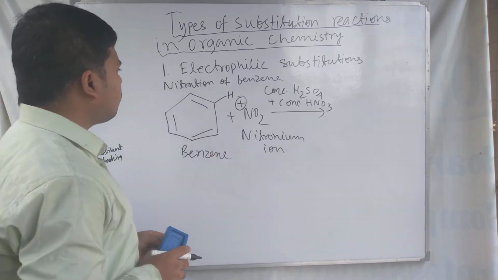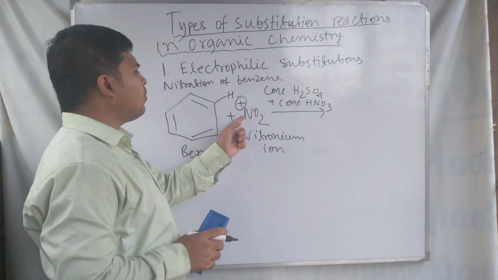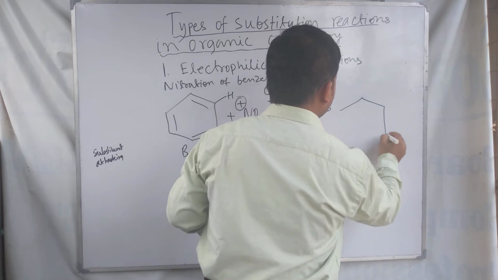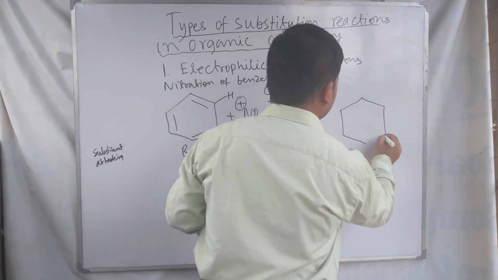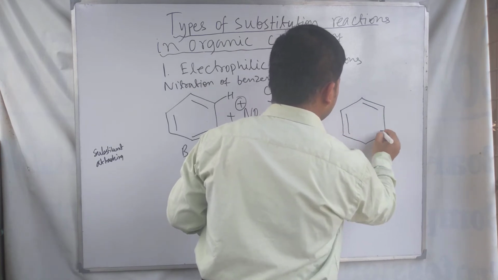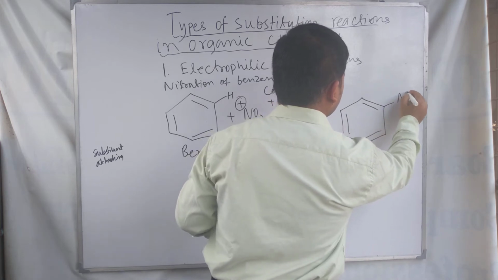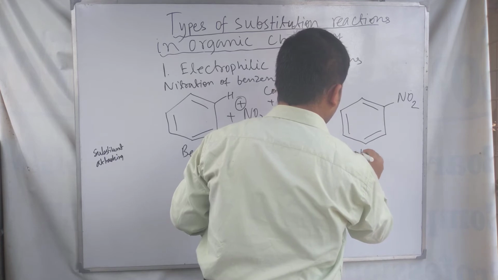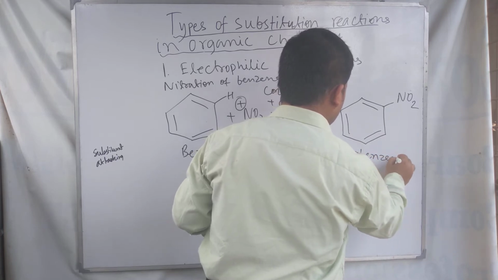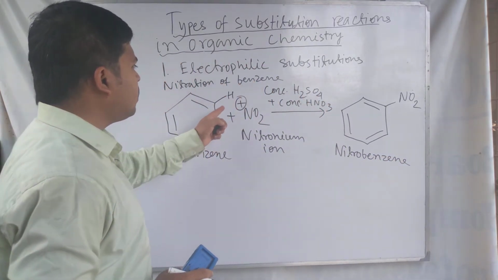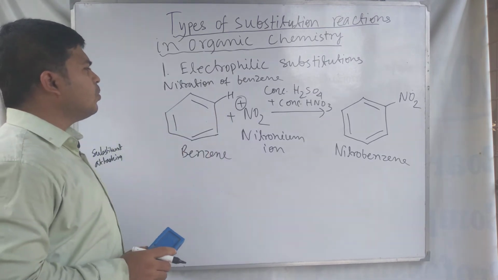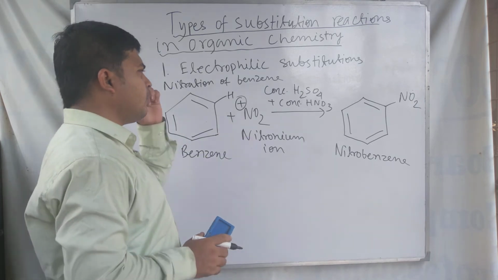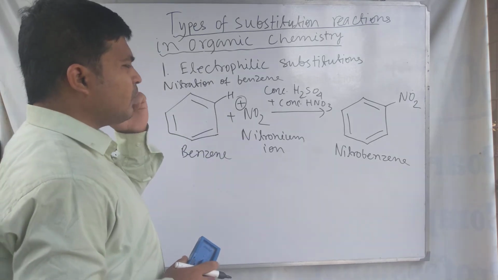Hydrogen atoms are present at six positions of the benzene ring, and one hydrogen atom of the benzene molecule is substituted by NO2 plus, the nitronium ion, to form nitrobenzene.